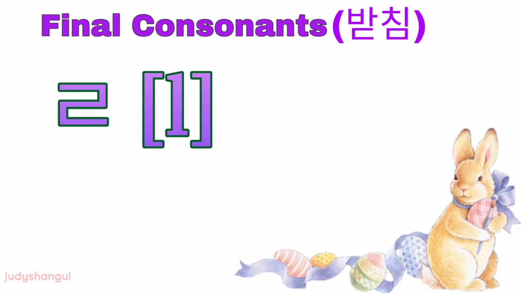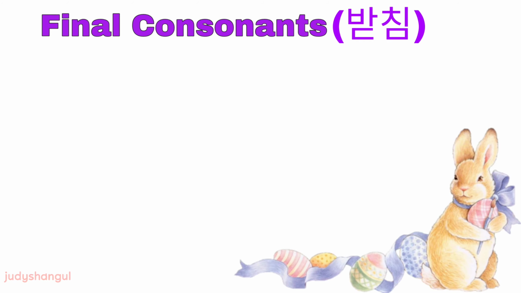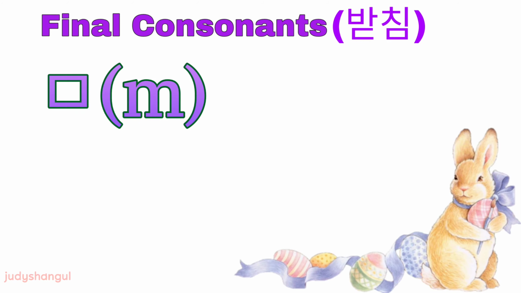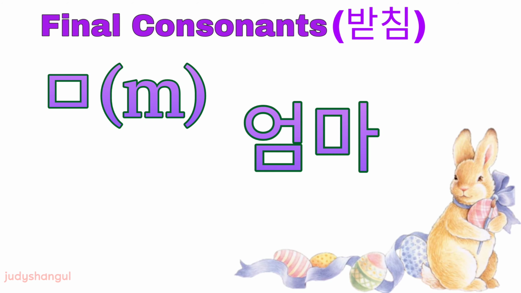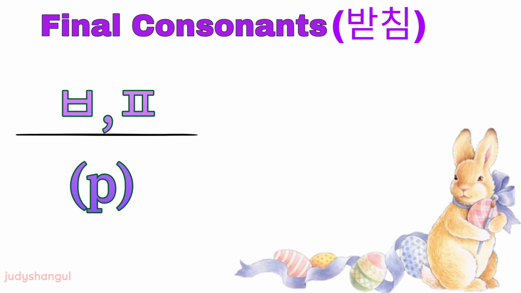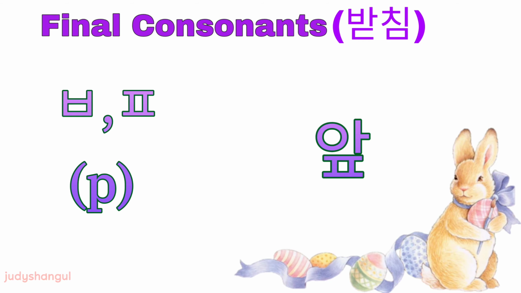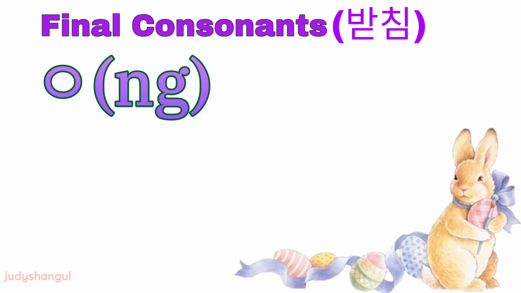Next, 리을, L sound. 살, 말. 미음, M sound. 밤, 엄마. 비읍, 피읖. They both make a P sound. 밥. 이응, NG sound. 빵, 랑, 강.